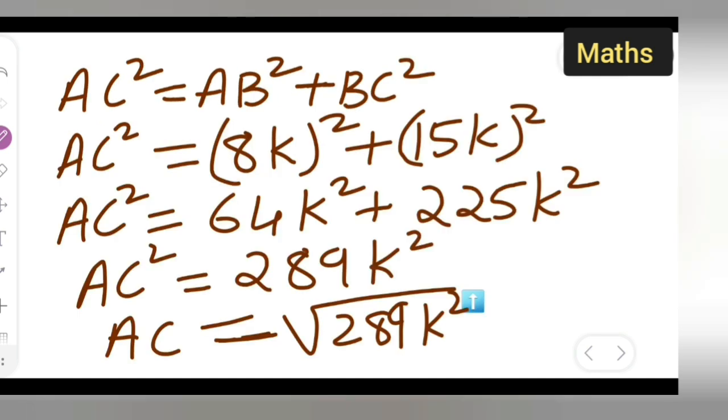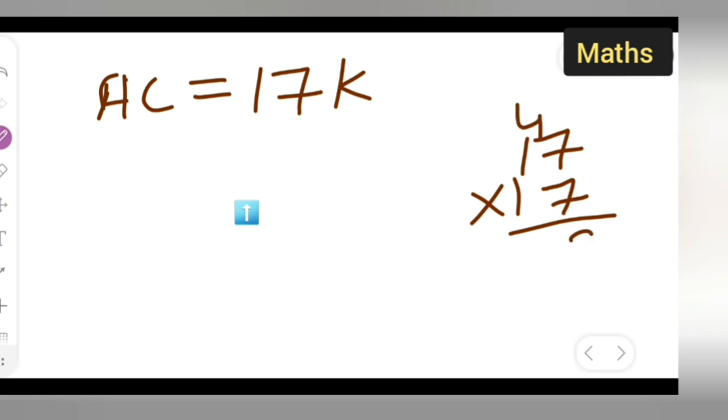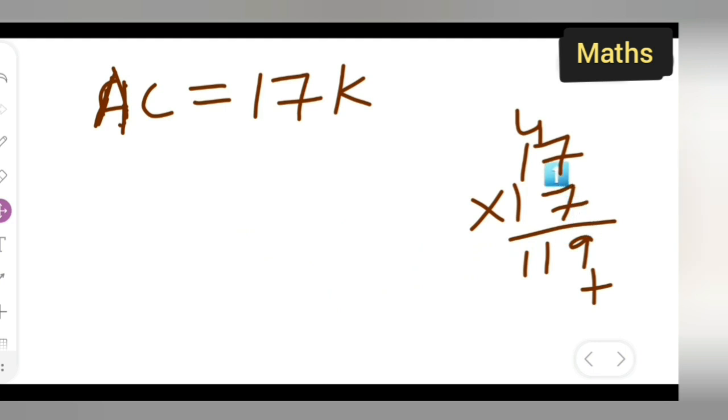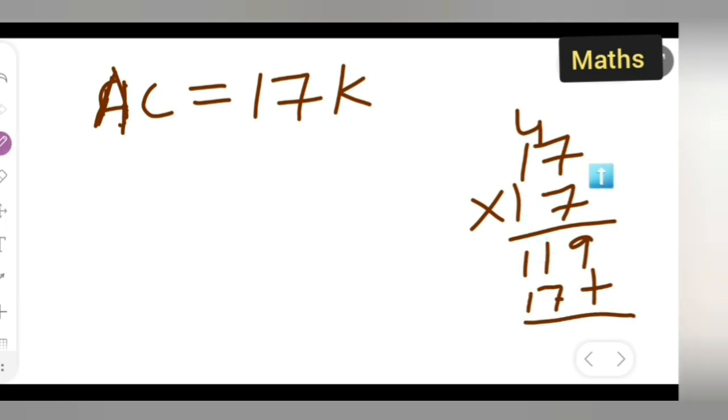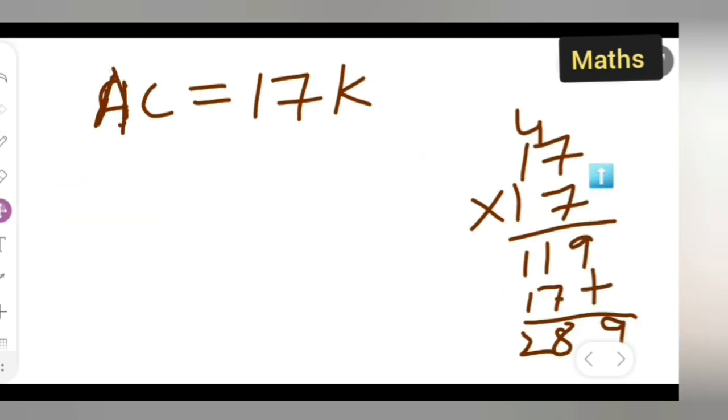Square root of 289 is 17, because 17 multiplied by 17 gives 289: 7 sevens are 49, 7 ones are 7, 8, 9, 10, 11, plus 1 sevens are 7 and 1 ones are 1, so we get 289. So the root will go and it becomes 17k.